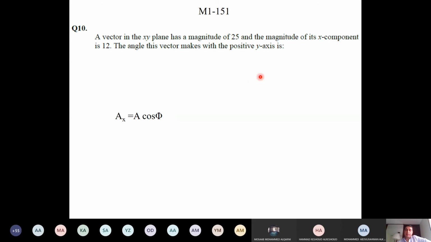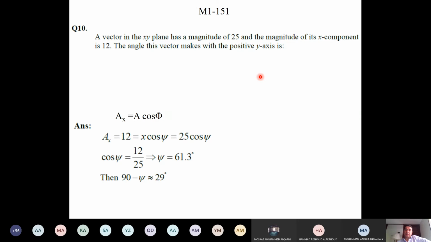Now, look at this one. What we did here is that we started from the Ax definition. Ax is equal to A cosine psi. I was not finding this symbol in my Word file, so I just used the pi here, but otherwise use the correct symbol. And Ax is equal to 12.